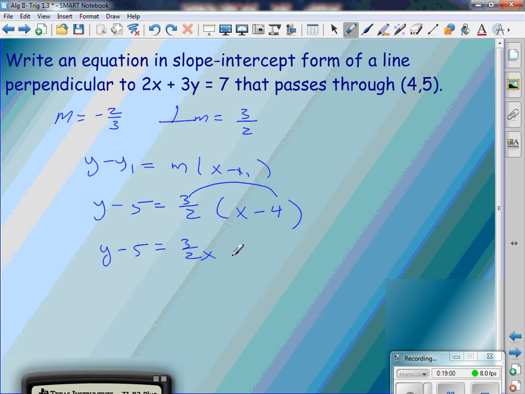Negative 6. Why negative 6? 12 over 2 is 6. Or 2 goes into 4, 2 times 3 is 6. Now what do I need to do? Add the 5 over. y is 3/2 x minus 1. There you go. Questions?